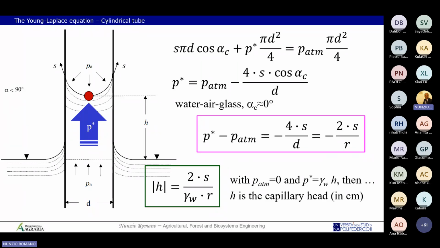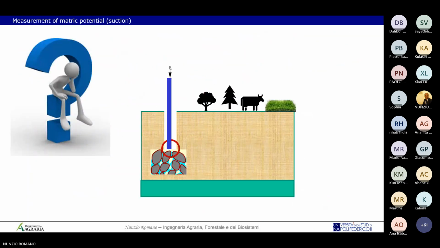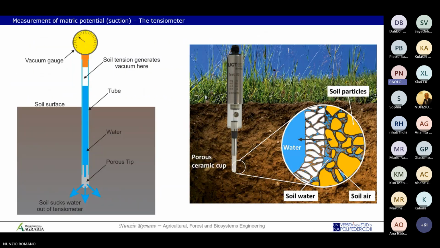This picture gives you an idea that the meniscus of water prevents the air from being connected to the rest of the tube. And this is what happens here.